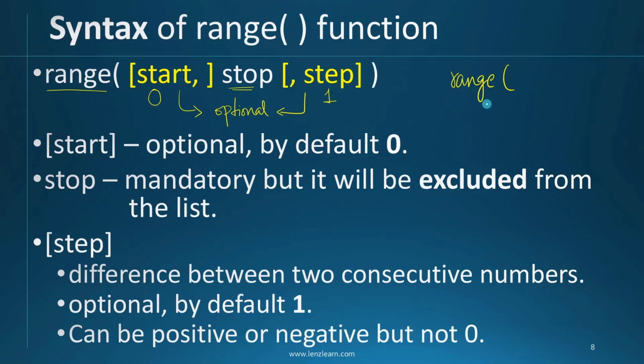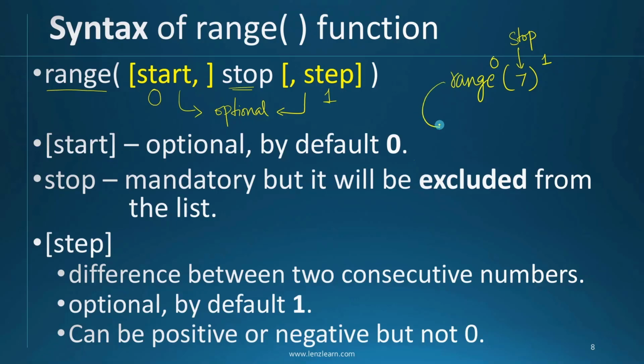Now the last example, I will just give a stop value. I will give the value as 7. This is also a valid range function because I have provided only one value. So this value will be taken as the stop value. And I told you the start value will be assumed as 0 and the step value will be assumed as 1.